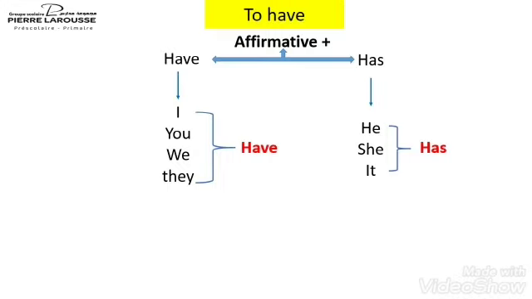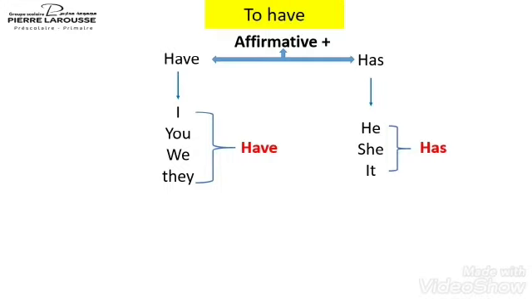So she has, or my mother has. It has. When I say it, I can talk about animals and objects, so the cat or the chair or the house. So I'm talking about an animal or an object.